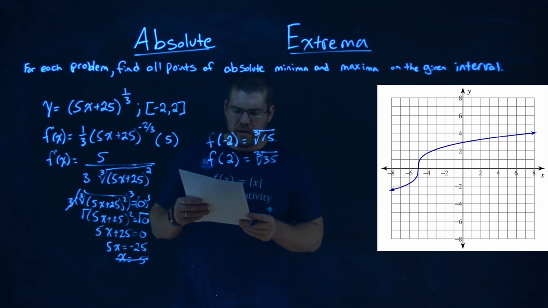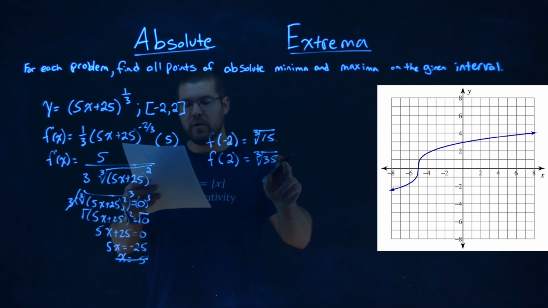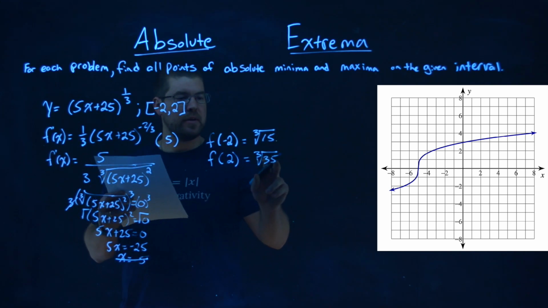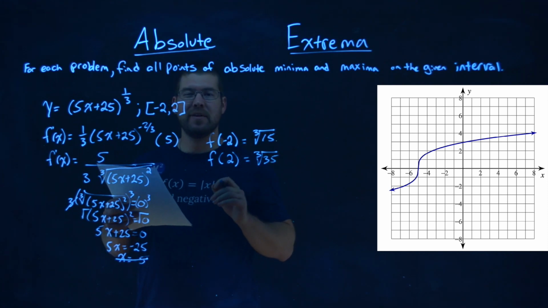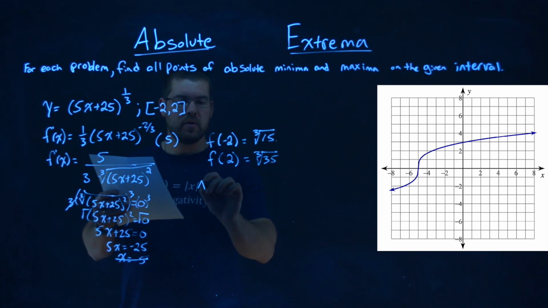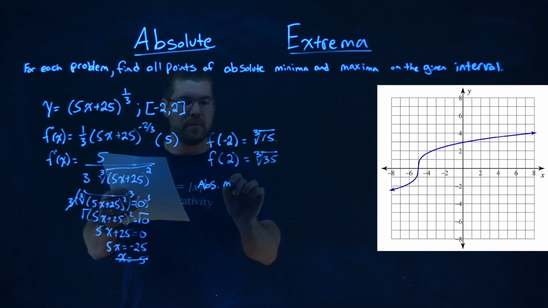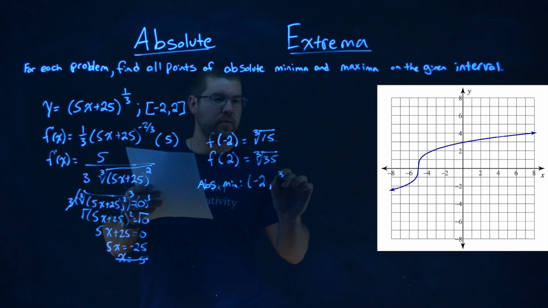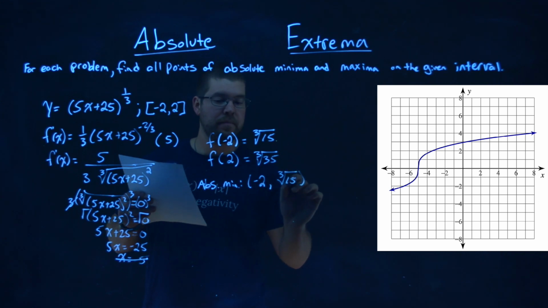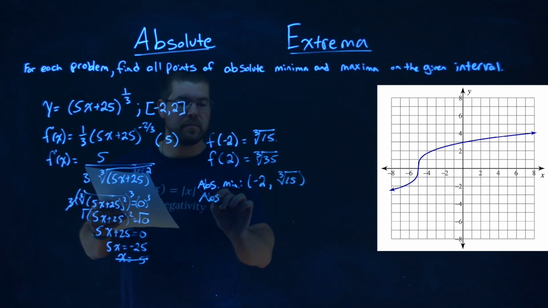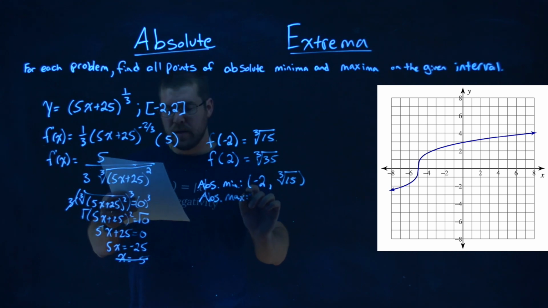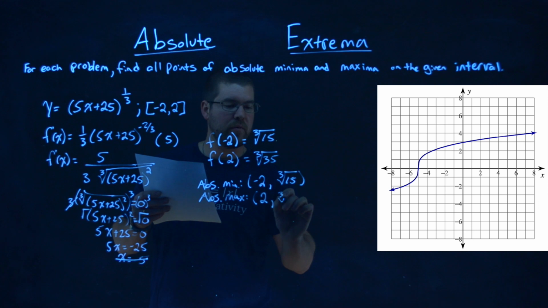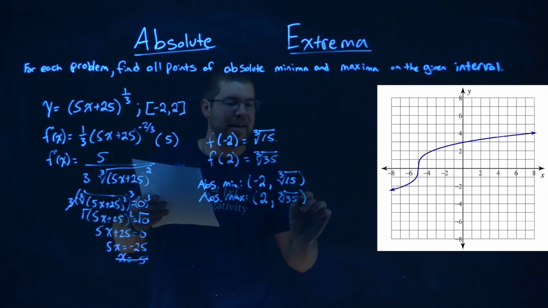Now, the cube root of 35 is larger than the cube root of 15, and so our absolute maxima is at the cube root of 35, and absolute minima is the cube root of 15. So we write as a coordinate point, our absolute minimum is the point negative 2 comma the cube root of 15, and our absolute maximum is the point 2 comma the cube root of 35, and that is our final answer.